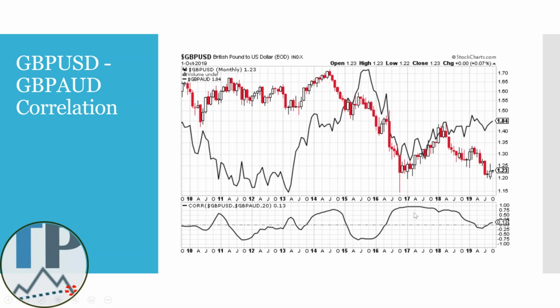Sometimes it's heavily into the positive region, very close to +1, as we see in 2017. And at other times, it's been almost -0.75, as we see in 2015 and also earlier in 2011.